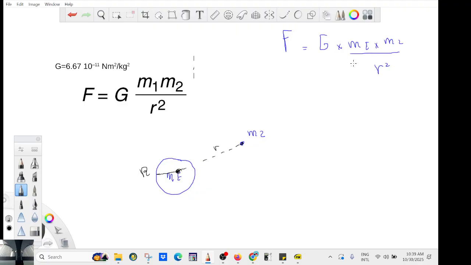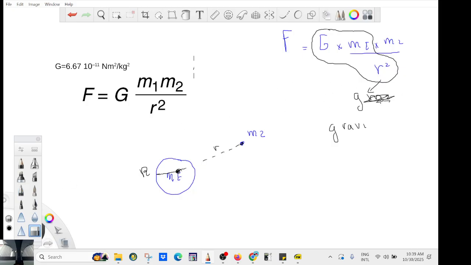Okay, so one way to look at it, so we're going to say the force here equals G. Now this here depends only on the Earth, right? So that here, that's what we call the gravitational field. That expression here is called the gravitational field. And then you have m2. And then I made a mistake, forget it.